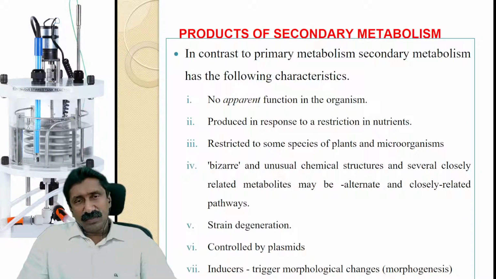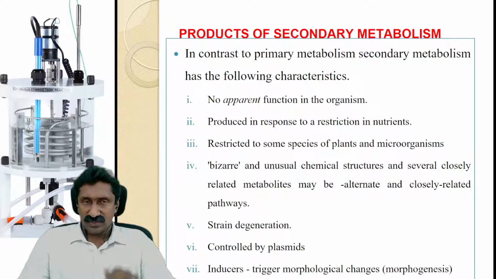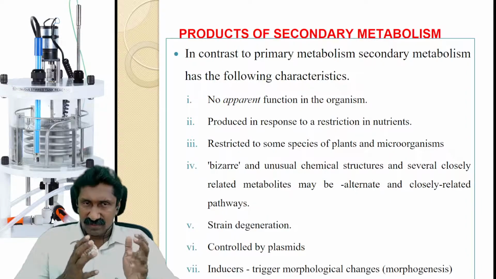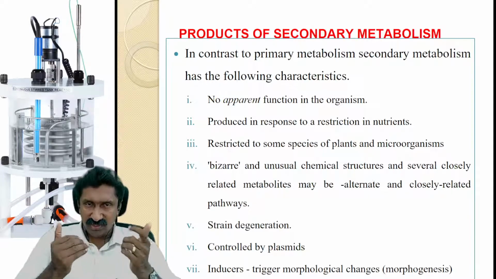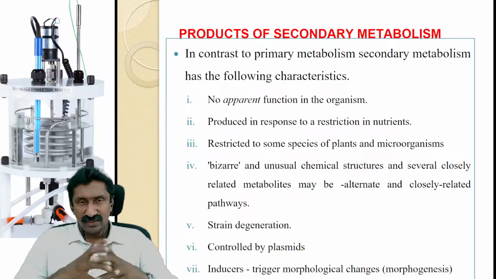Now, in contrast to the primary metabolism, secondary metabolism has the following characteristics. First of all, we will list the different characteristics. We have, say, 7 characteristics that are listed. First one is there is no apparent function in the organism. Then it is produced in response to restriction in the nutrients. Then it is restricted to some species of plants and microorganisms. Then it has some bizarre or unnatural structure.